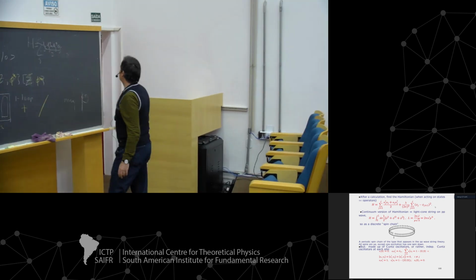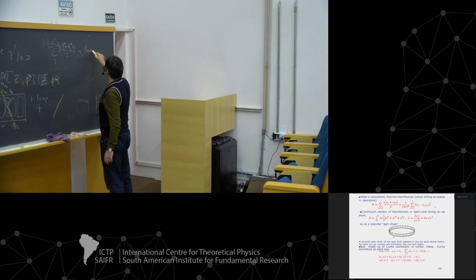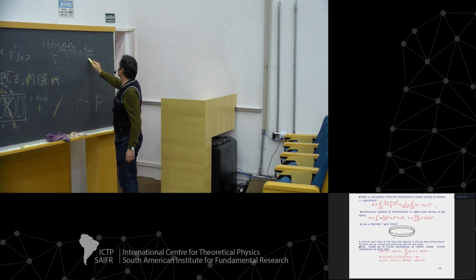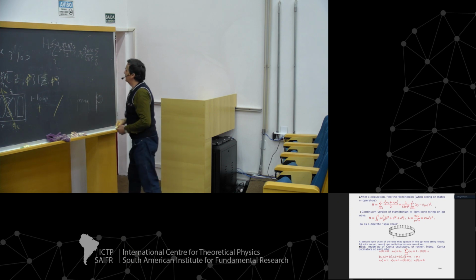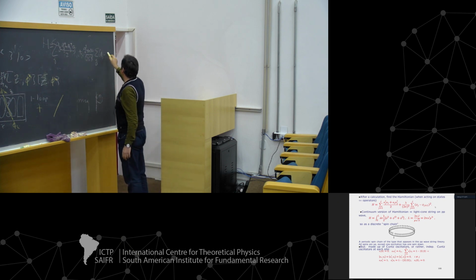And then there's a part that has this coupling, g squared N over 2 pi squared. And in here I have phi j minus phi j plus 1 squared, where phi j is a j plus a j dagger over root 2.